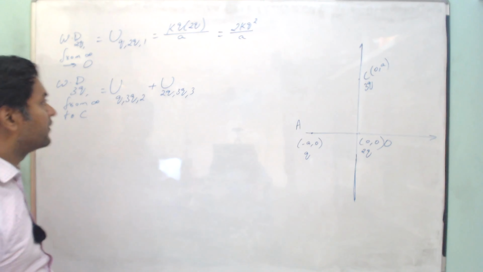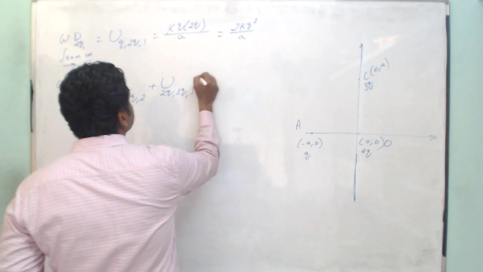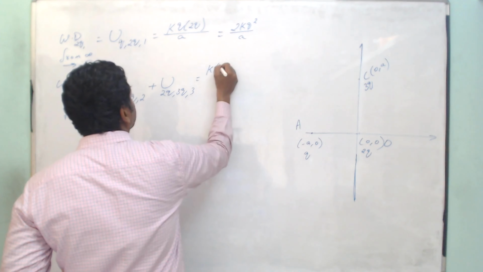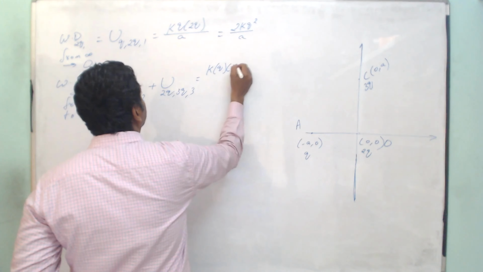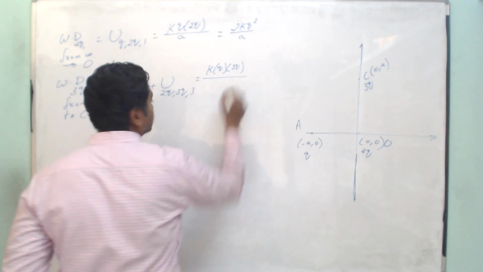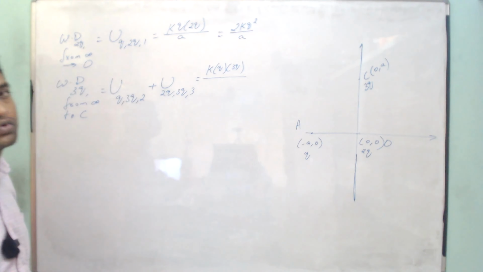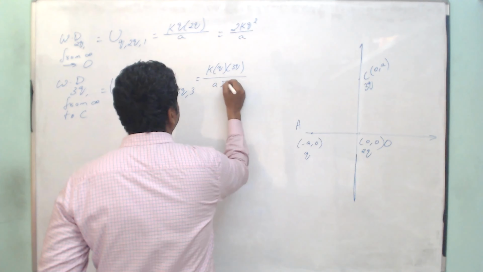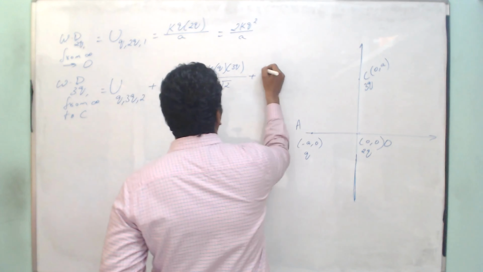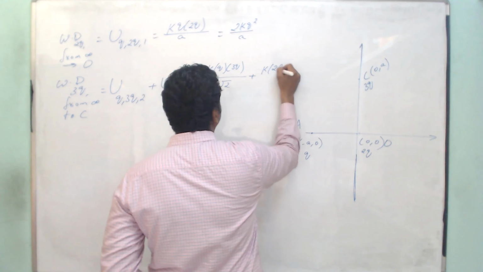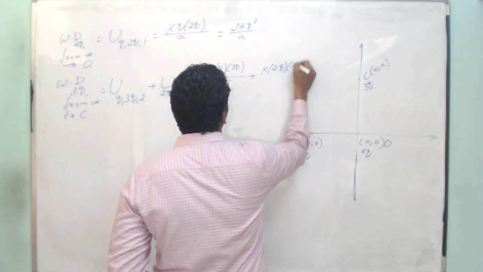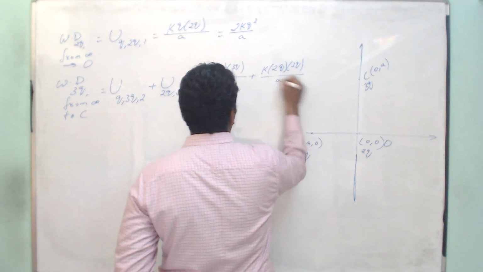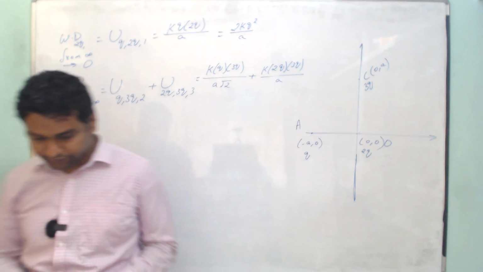So, how much will this come as? K Q 3Q. What is the distance between Q and 3Q? A root 2. Plus K times 2Q 3Q upon A. Fine?